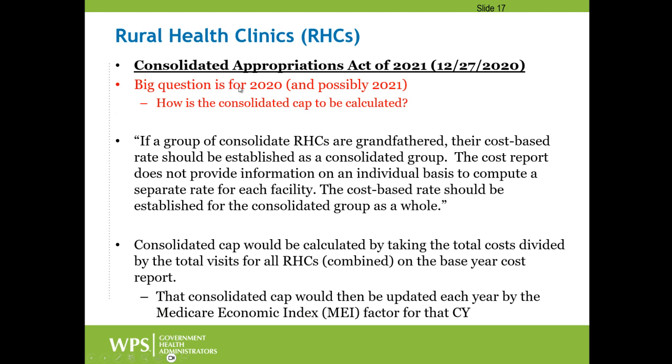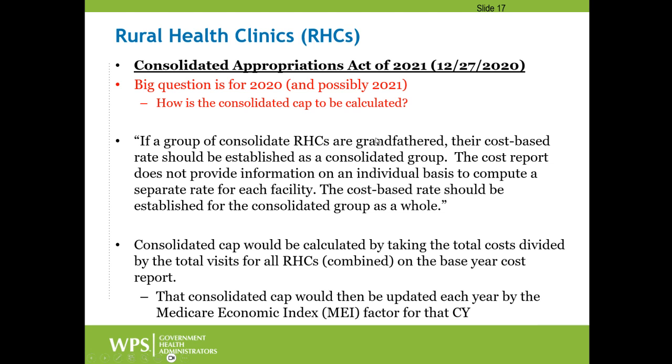So the big question for these different years is how should we calculate the consolidated cap? And here's a quote from guidance that we received. If a group of consolidated RHCs are grandfathered, their cost-based rate should be established as a consolidated group. In other words, we take a look at all those costs, because keep in mind they've already been consolidated.